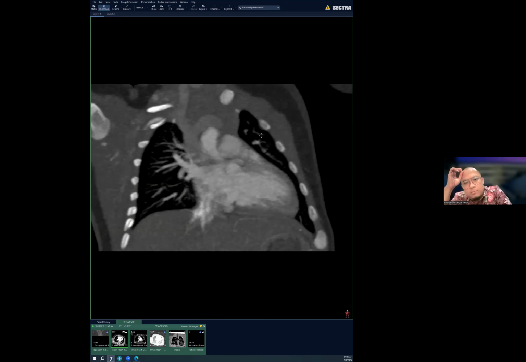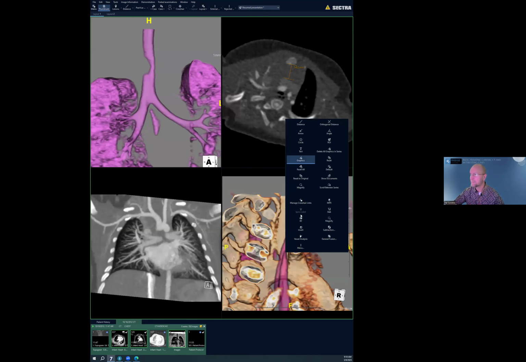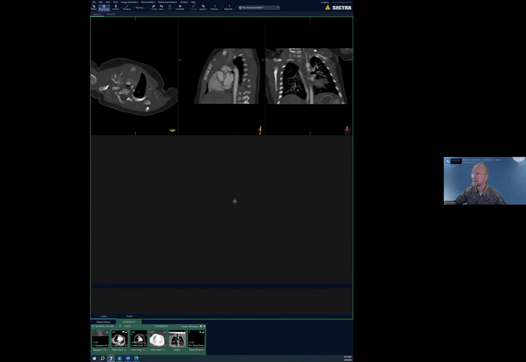We can also try 3D to look over the chest.